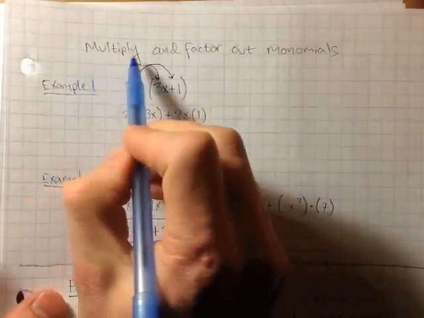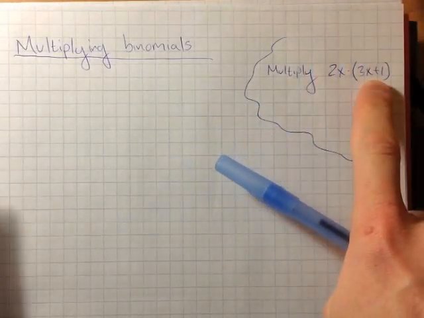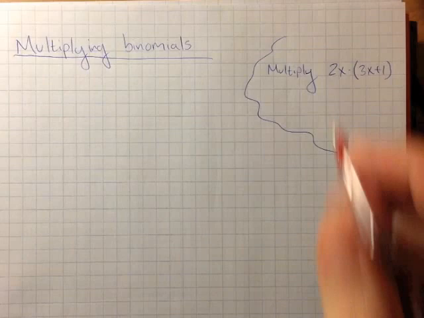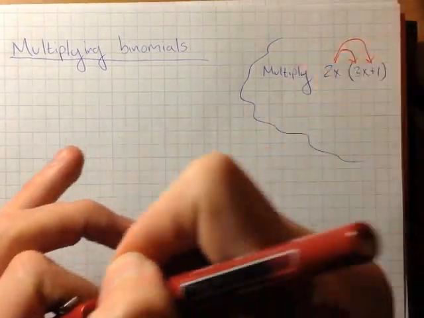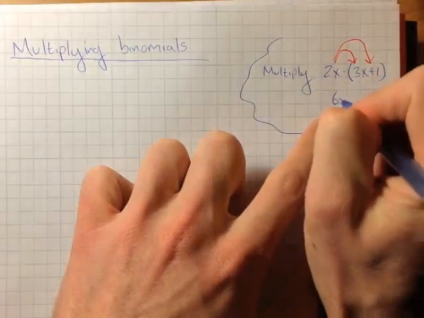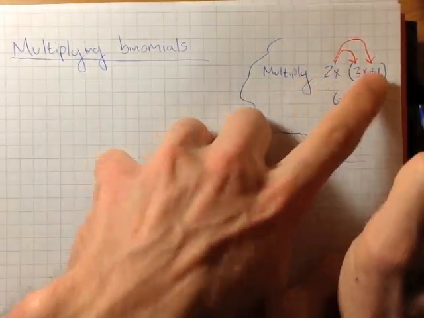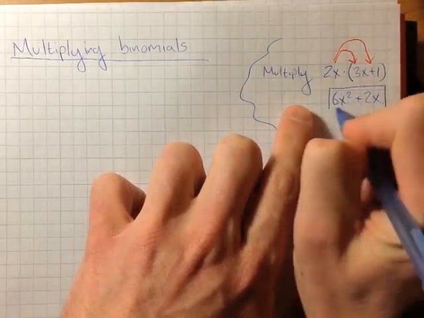When I ask you to multiply a monomial by a binomial, that just means distribute the 2x into the parentheses. So this would be 6x squared plus 2x times 1 is 2x. Okay? So this would be the final answer right here.